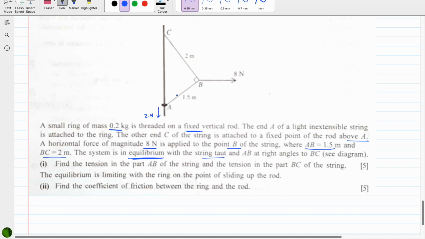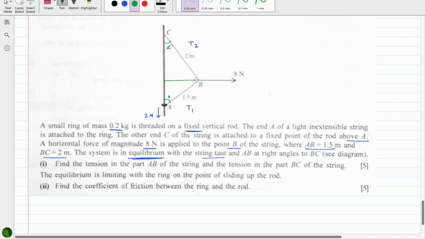So let me call tension in AB as T1 and tension in BC as T2. Before moving forward, we split them up, and I'm writing angle alpha and beta.